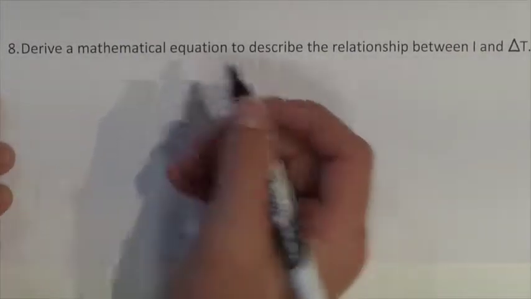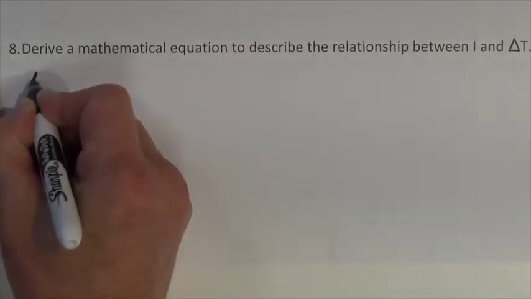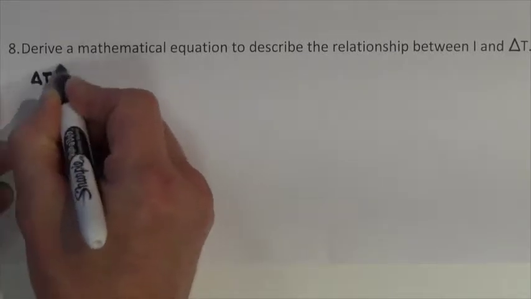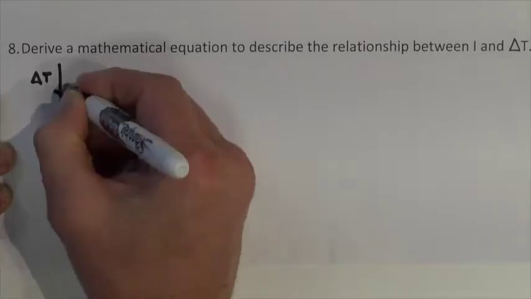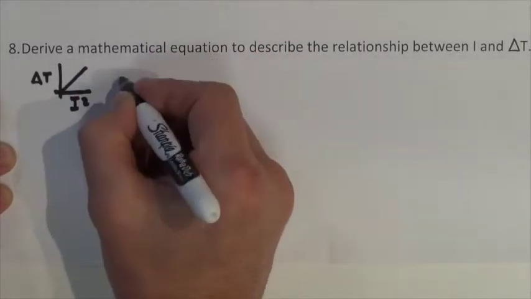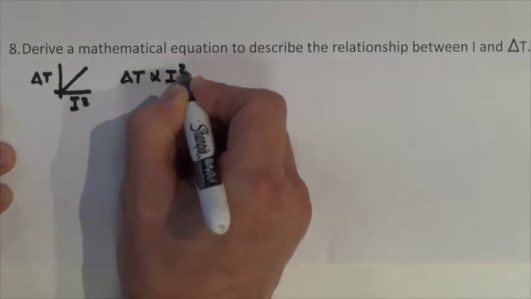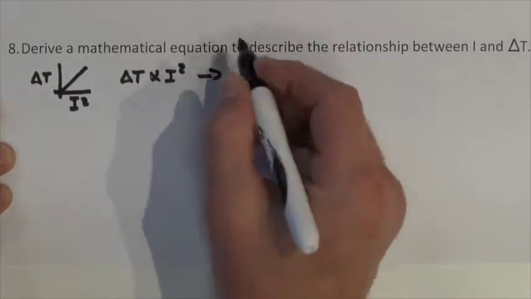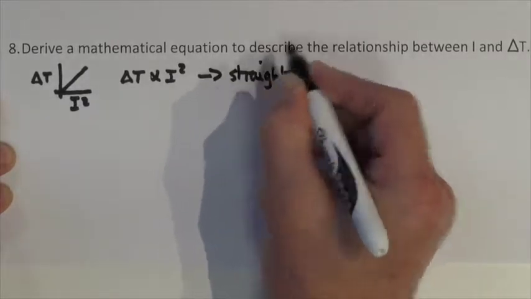Now I know that basically delta t is going to be proportional to I squared. On its own, delta t proportional to I doesn't allow me to produce it in the equation, but delta t proportional to I squared does because it's a straight line.